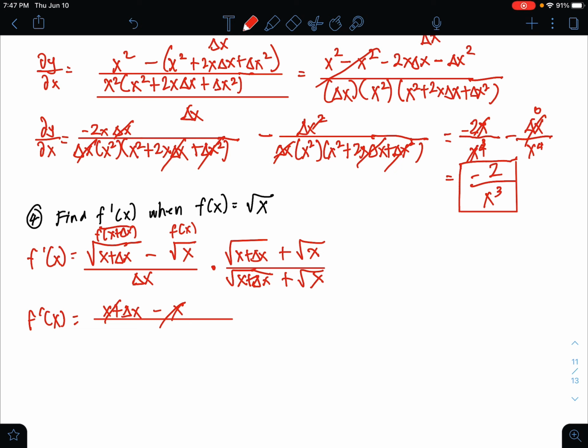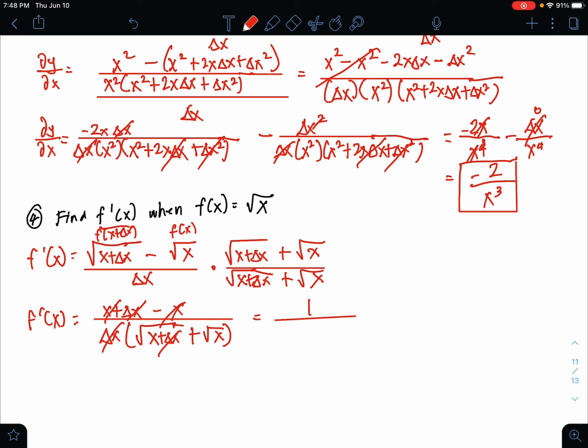Next. Kanina po sa ilalom, delta x times the square root of x plus delta x plus square root of x. Okay. So, obviously, x minus x, mawala ang x. So, kani, makancel na. So, mabilin nila sa taas is 1 na lang. No? So, 1 all over, kani, obviously, ma-0 man ni.